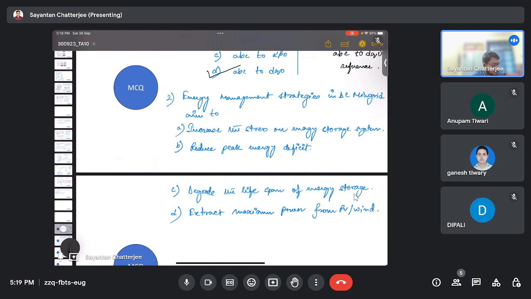Okay, this one, energy management strategies in DC microgrid aim to: increase the stress on energy storage system, reduce peak energy deficit, degrade the lifespan of energy storage, or extract maximum power from PV and wind.